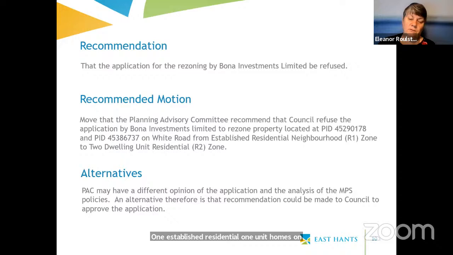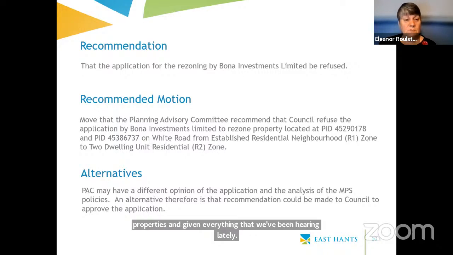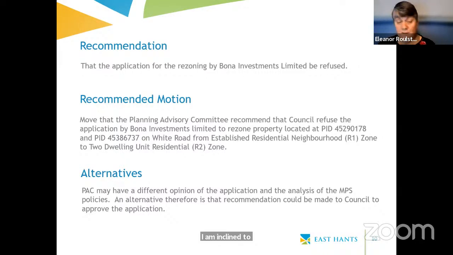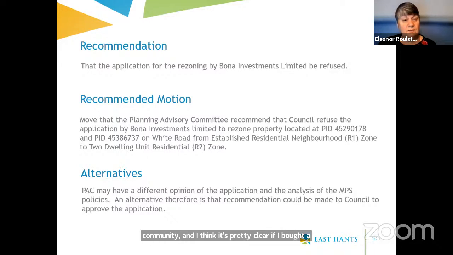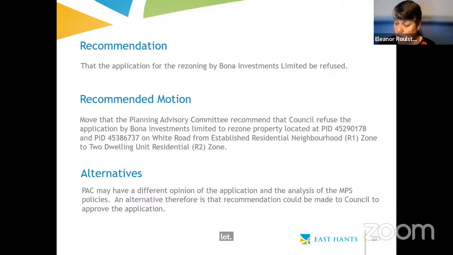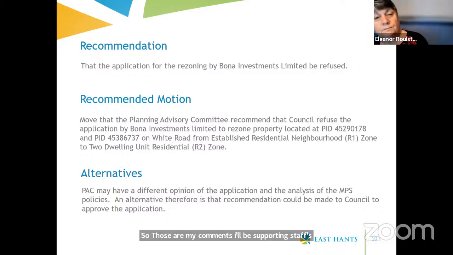And given everything that we've been hearing lately, I am inclined to respect the residents that built that community. And I think it's pretty clear if I bought a lot there, what I would expect to be able to build on that lot. So those are my comments. I'll be supporting staff's recommendation.